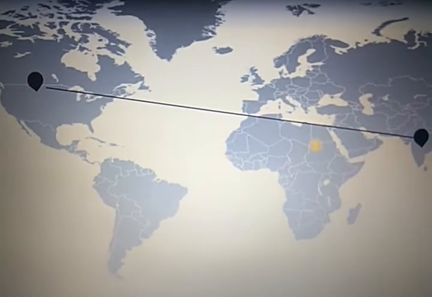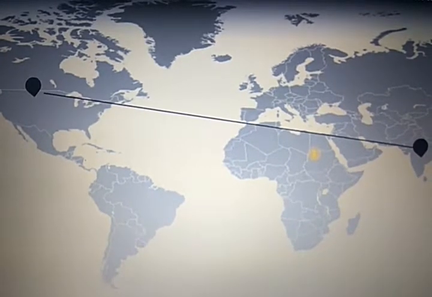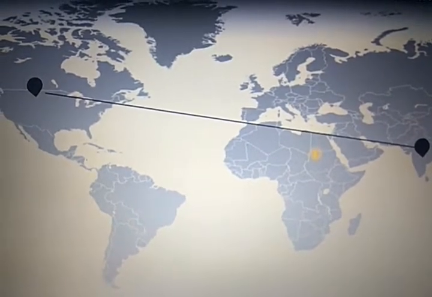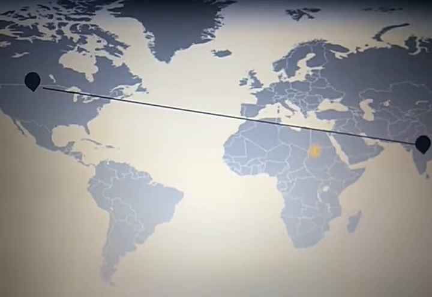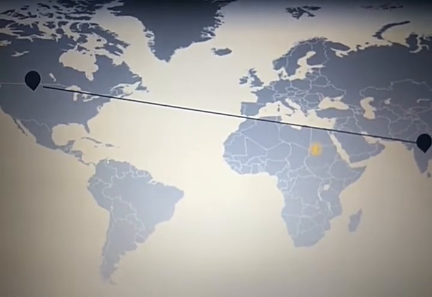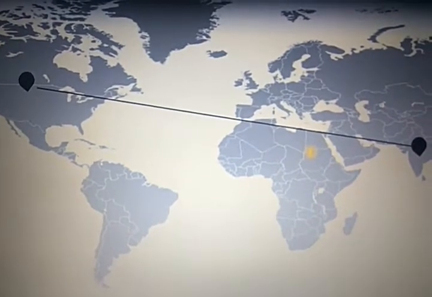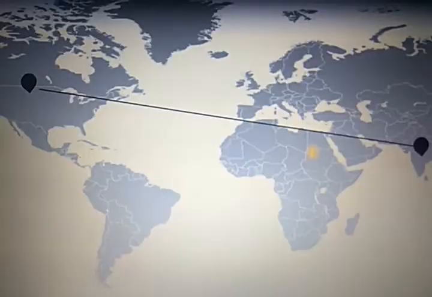Similarly, if you want to go international traveling, through a map you mark the 2 points to find out the distance, and for that purpose you use an aeroplane, international airlines.